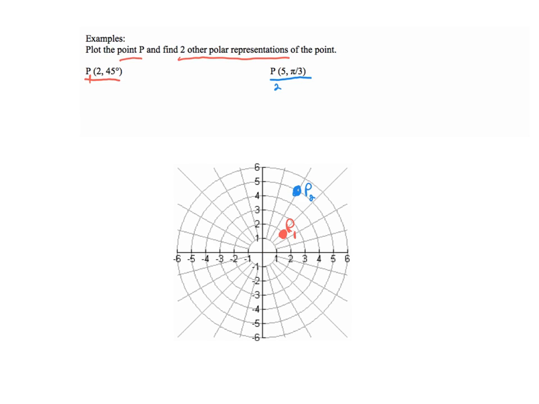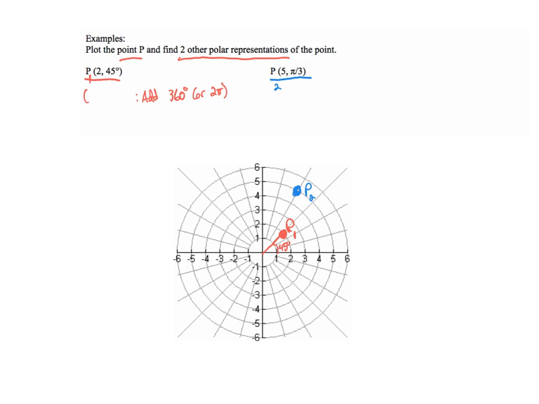Okay, now let's find two alternate representations for each point. Let's start with P1. In P1, you can see that my angle here is 45 degrees and the radius is 2. One of the first things that I can do to get an alternate representation is add 360 degrees, or 2π radians, to my angle to get a coterminal angle.